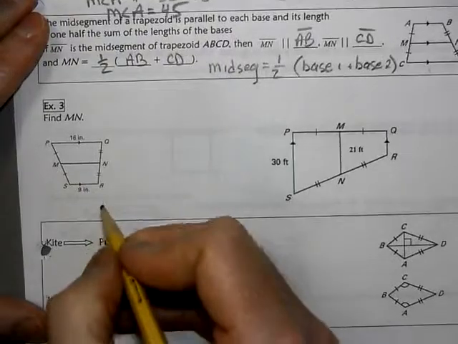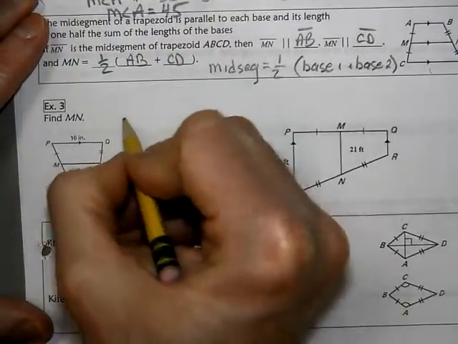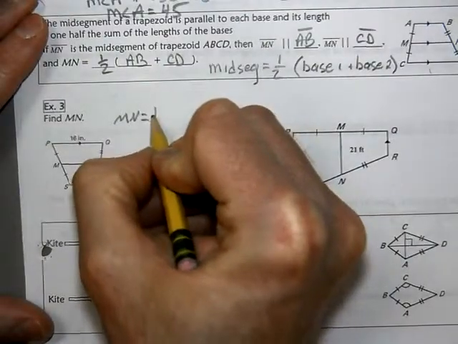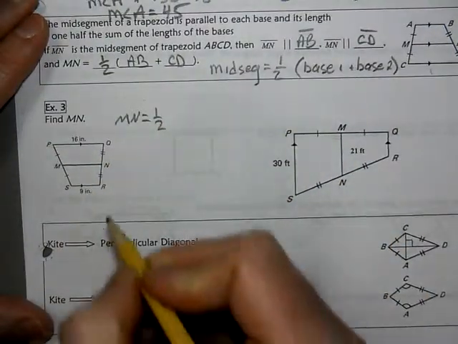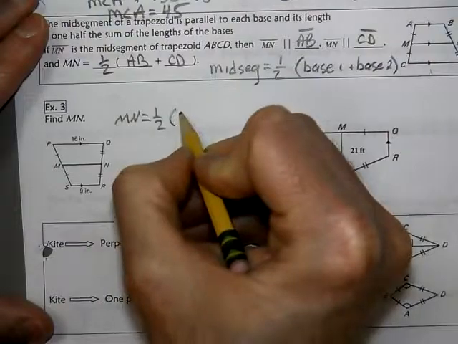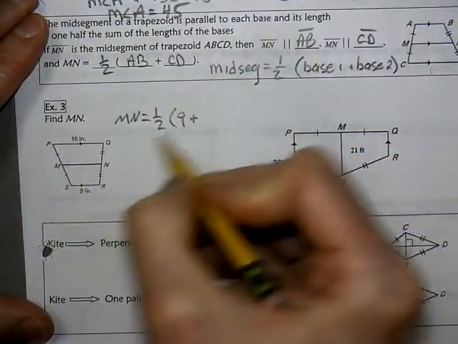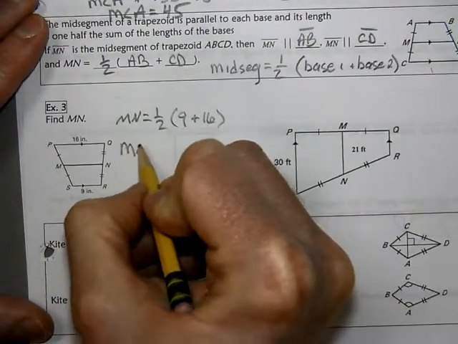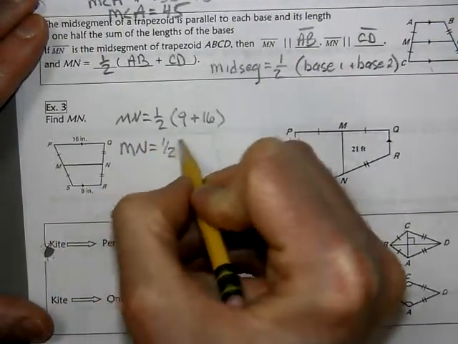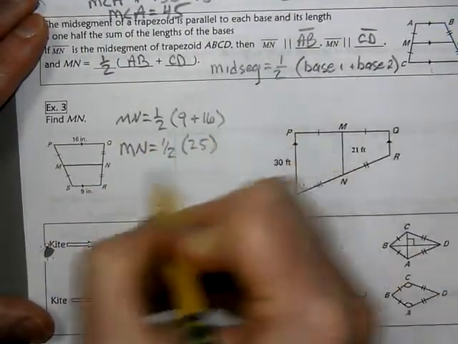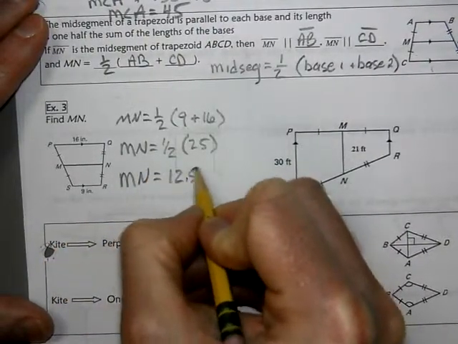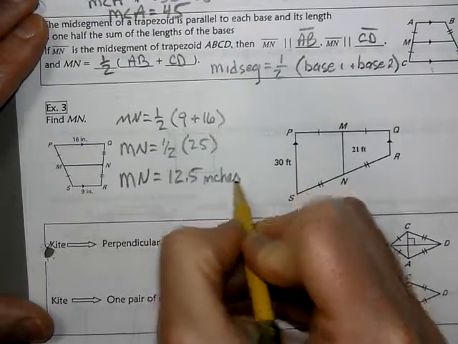So we can come down here and we notice that MN is our mid-segment. We don't know what its length is. So we're going to put in our base 1, which is 9, and our base 2, which is 16. So MN equals half of 25. So in this case, MN equals 12.5 inches.